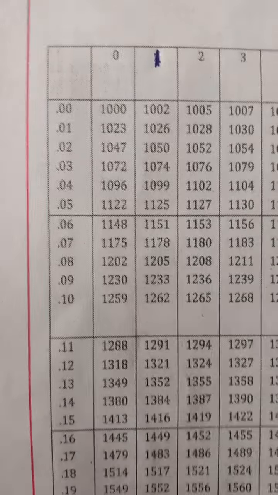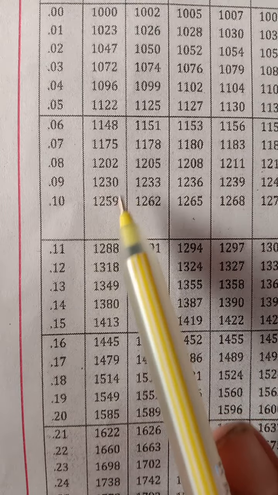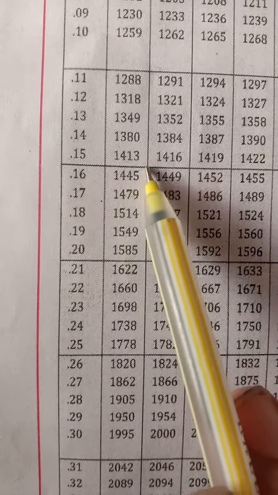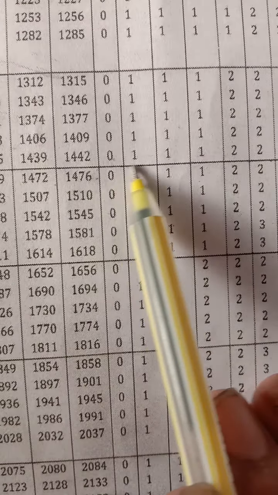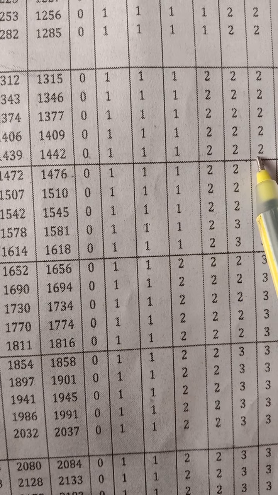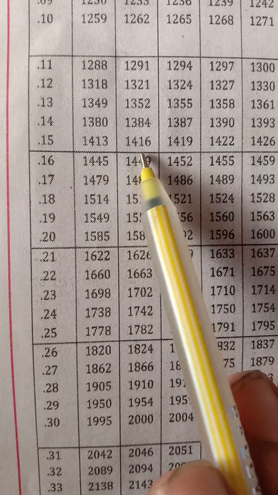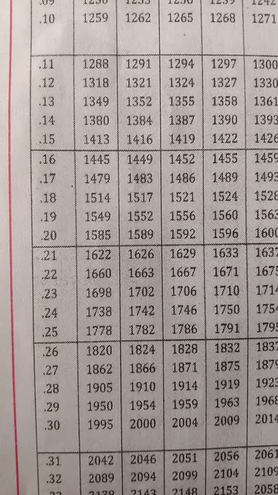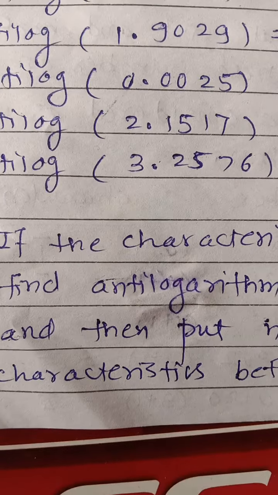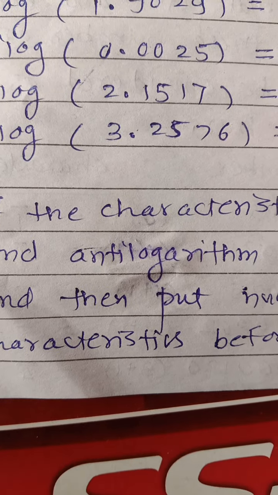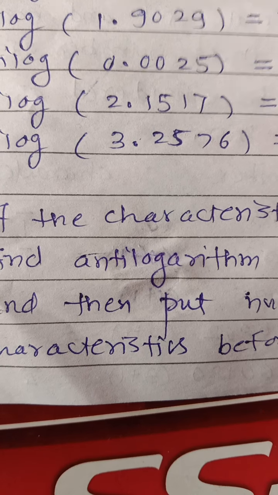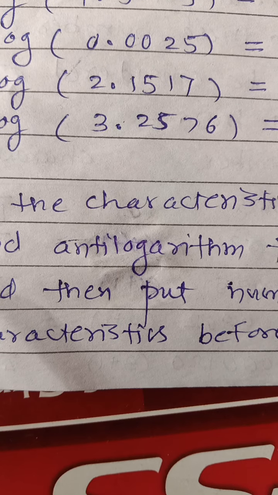For the first column it is 1416. And then we will go for the 7th column. The mean difference is 2, and so the mean difference 2 will be added here, and that is 1418. We get 1418, and therefore we can write 1418.